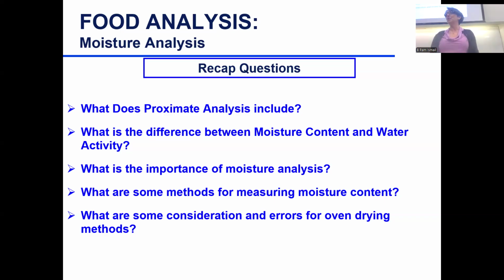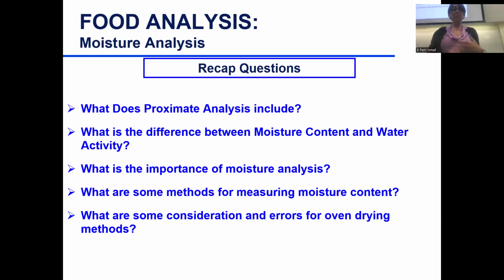What else are we going to cover? The carbohydrate is by subtraction, but what do we also need? Ash. Very good. One more. All right, so moisture, ash, protein, fat, carbohydrates by difference.